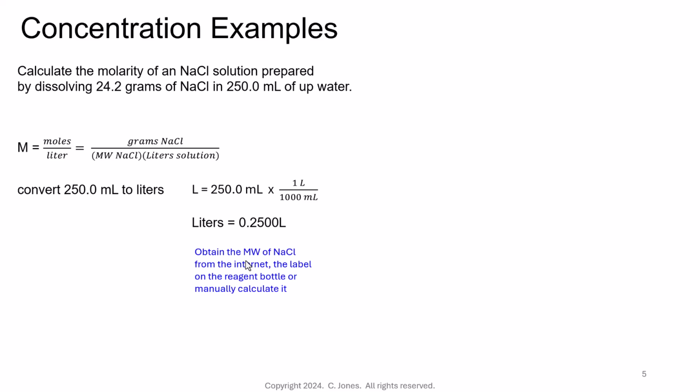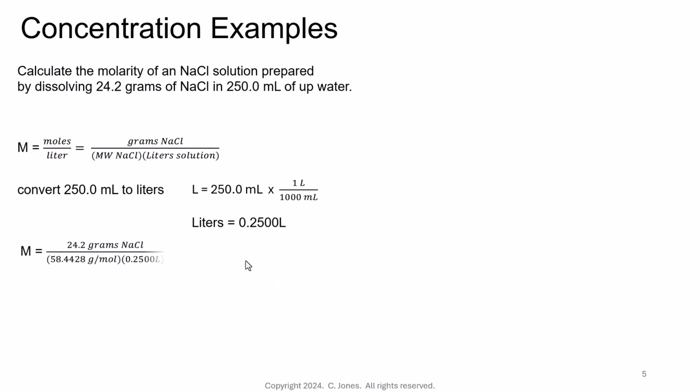So now that we have this information, we have the grams. So we can plug this into the equation. 24 grams of sodium chloride, that's the grams of NaCl. The molecular weight, which we again looked up on the internet, and the volume, which we converted from milliliters into liters, and now we just carry out the calculation.